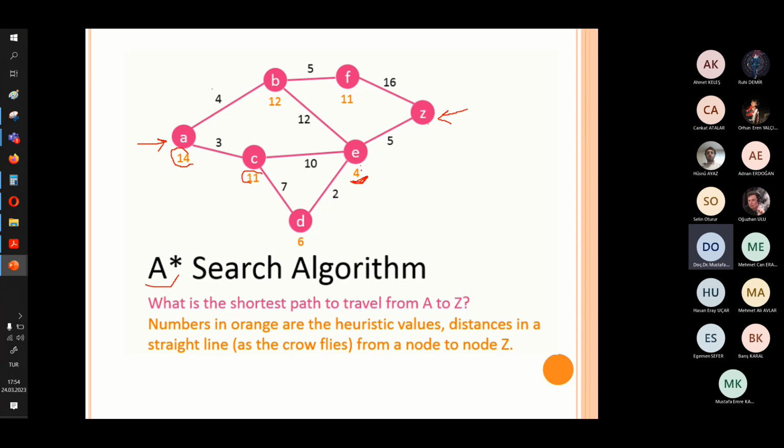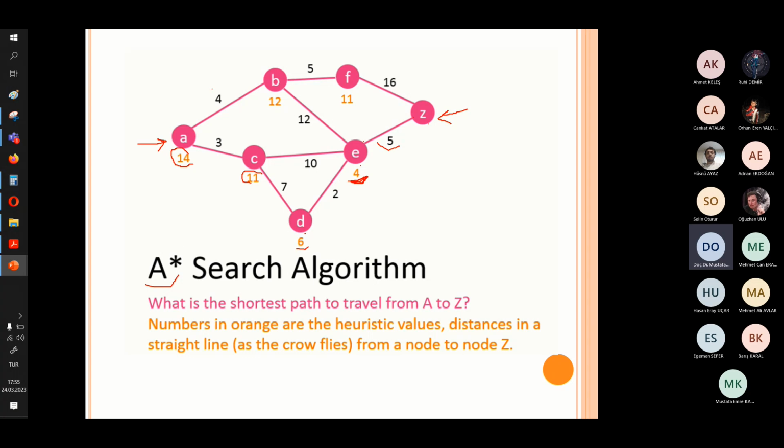Anyway, the important thing: for E and Z, the actual distance is 5 and our estimation is 4. As I told you, we have to underestimate it. You shouldn't estimate it as 6. For another example, the actual distance between D and Z is 7, and as you can see, it has been estimated as 6.